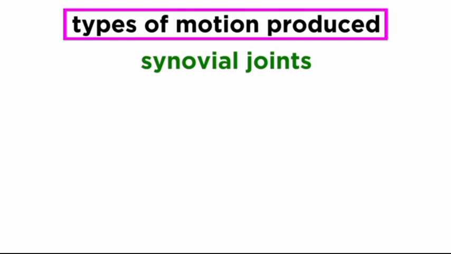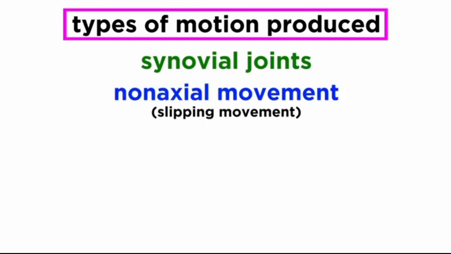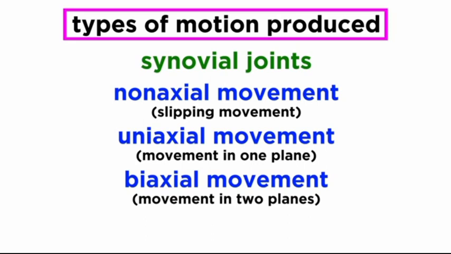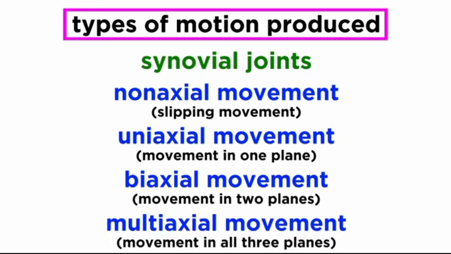First, for synovial joints, there can be non-axial movement, which are slipping movements, uniaxial movement, which happens in one plane, biaxial movement, which happens in two planes, and multiaxial movement, which happens in all three planes of three-dimensional space.